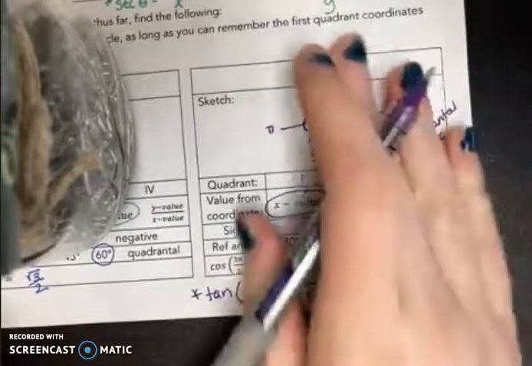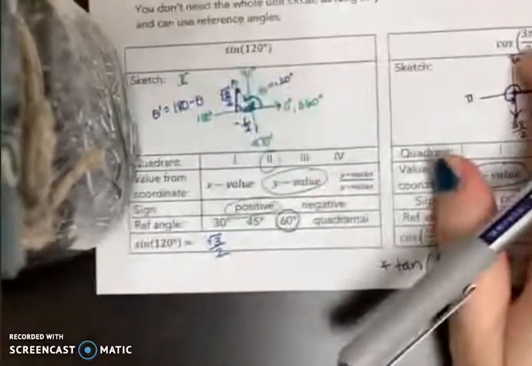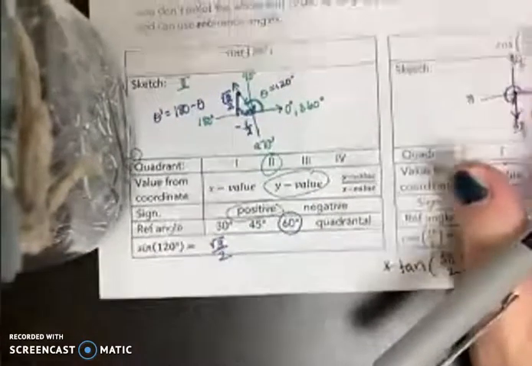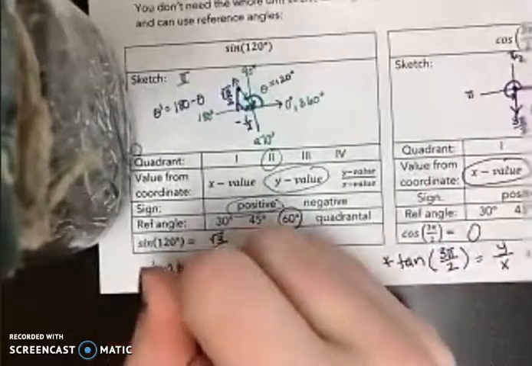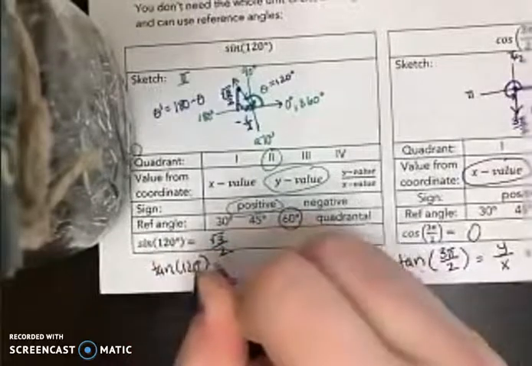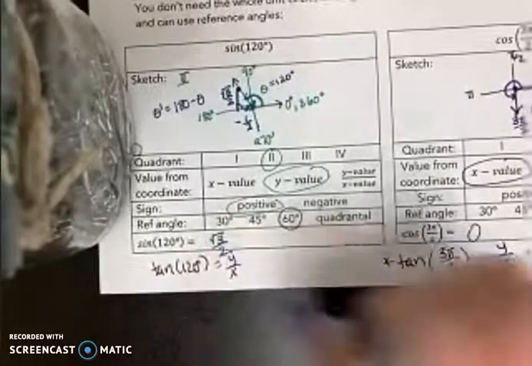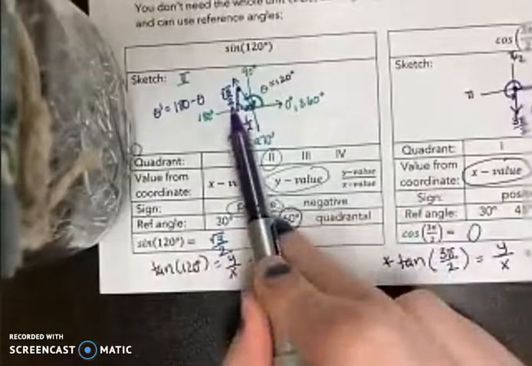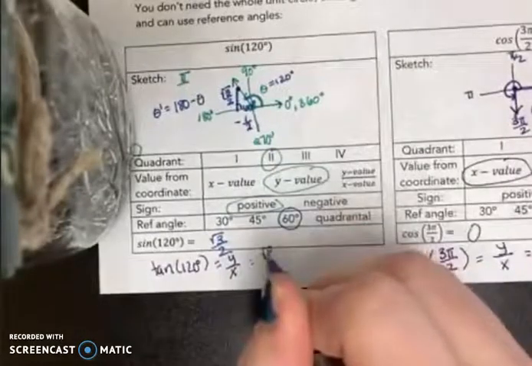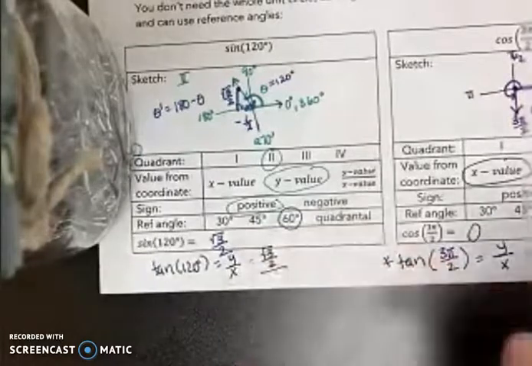We're going to practice tangent once more. We're going to go back over here to the 120-degree angle. So if I would have asked you what tangent of 120 would have been, once again, it's the y value over the x value. So the y value was √3 over 2 over the x value, which was -1/2.